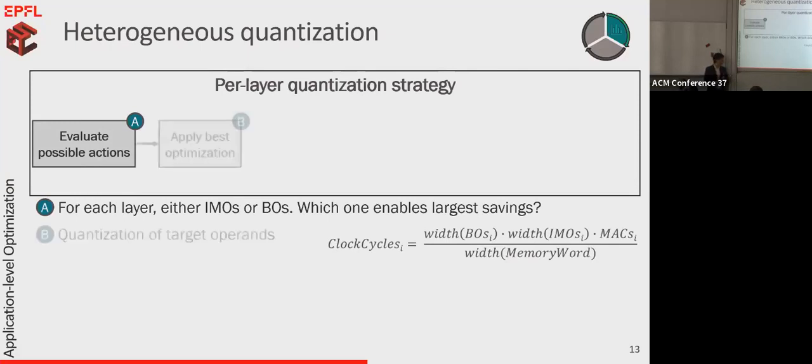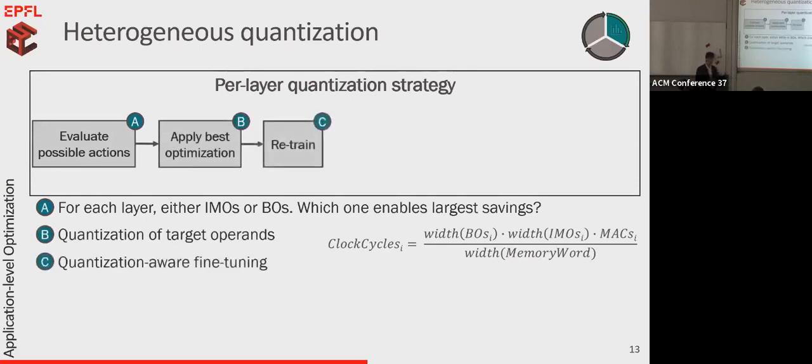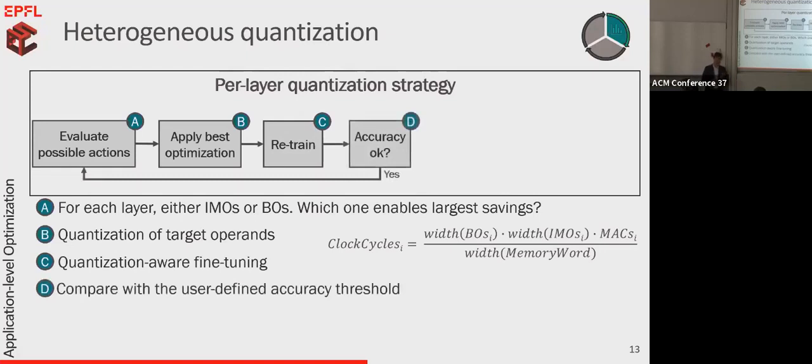And we simply apply the approach that maximizes the reduction in clock cycles. We apply that, and we retrain the model for a few retraining epochs to compensate for any accuracy drop. And we check accuracy, and we also compare the obtained accuracy with a user-defined accuracy threshold.